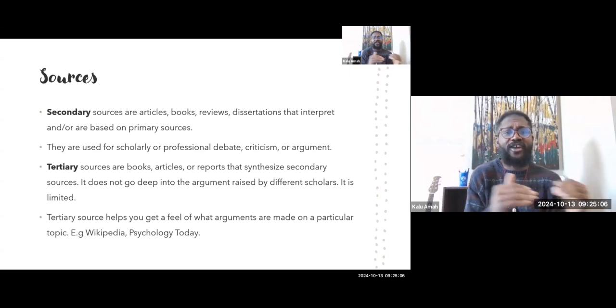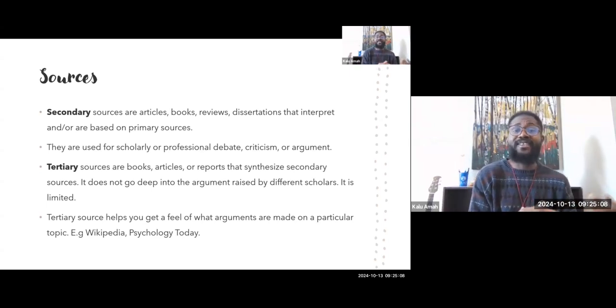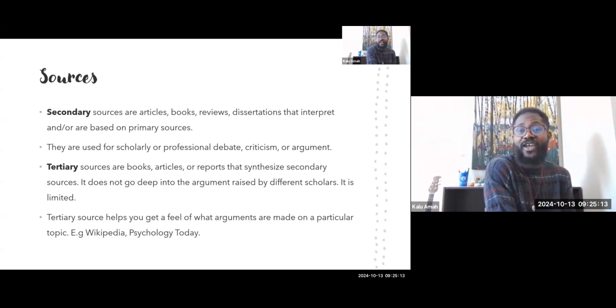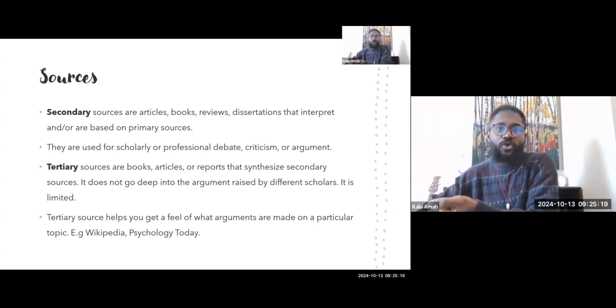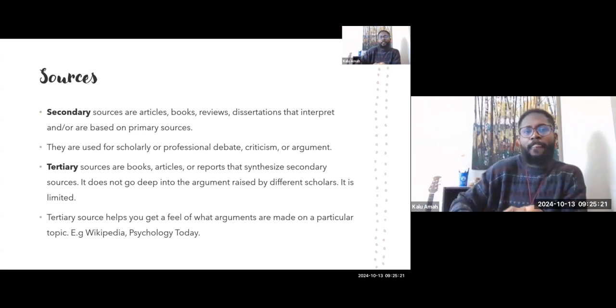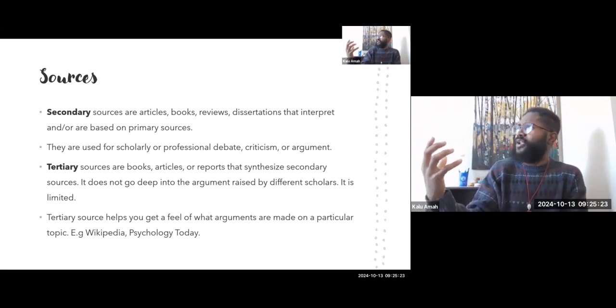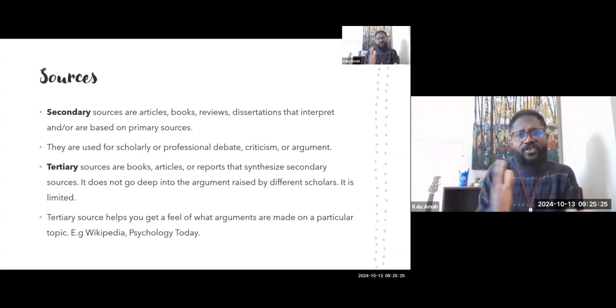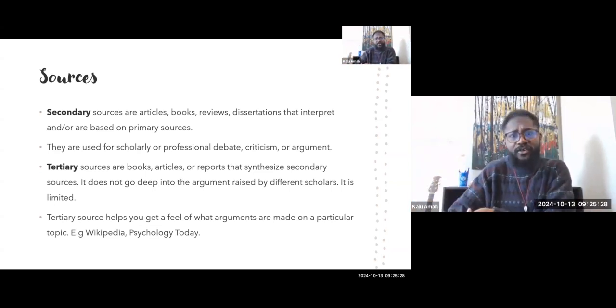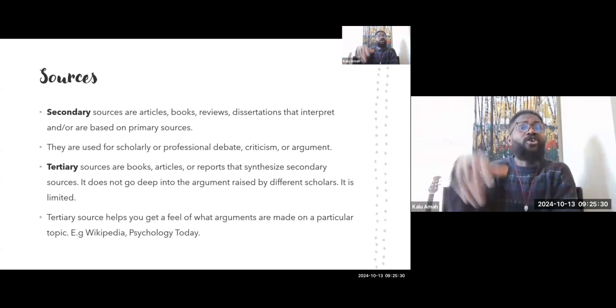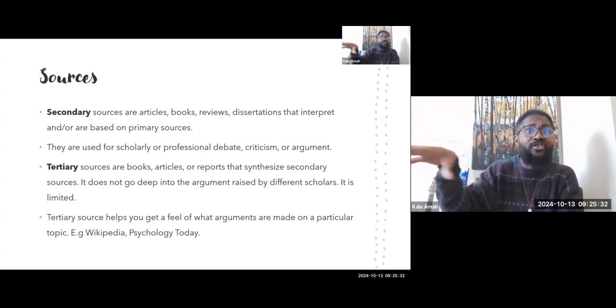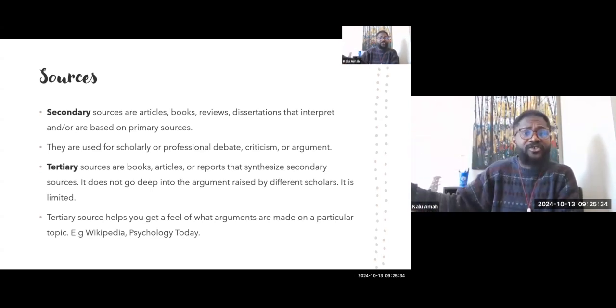Then when we talk about a tertiary source, let's assume that, like I said at the beginning, Emeonu has written something about the place of a man in African cosmology, which is a secondary source. Then Chinweizu also wrote something on patriarchy in African society, and referenced his own primary sources and also other secondary sources.